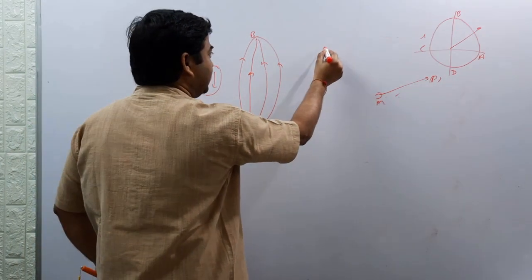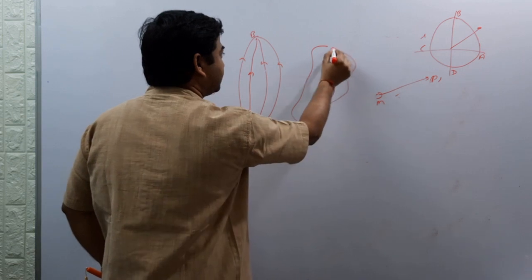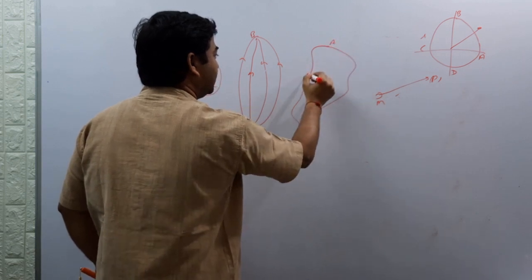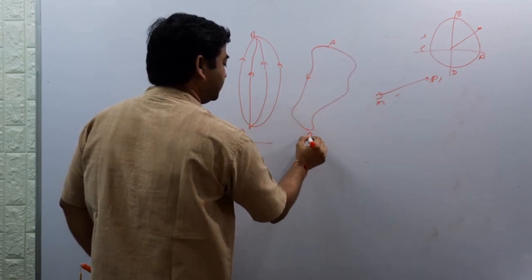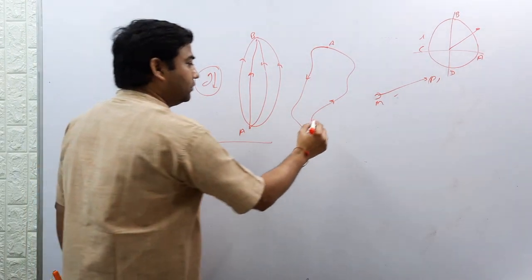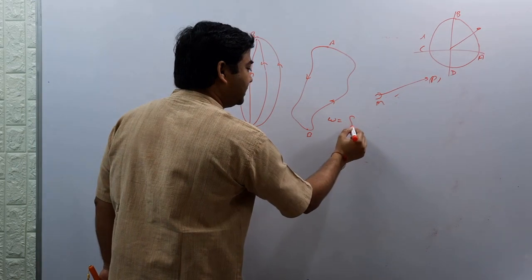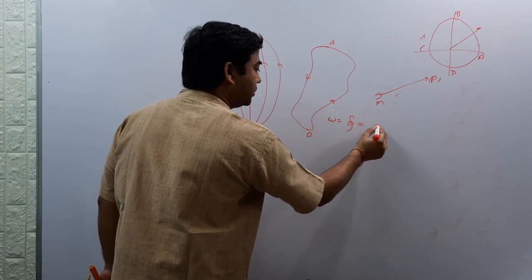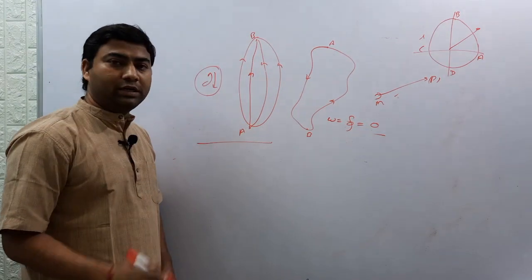Similarly, for any closed path, work done or line integration, that is circulation, is equal to 0 for a conservative field.